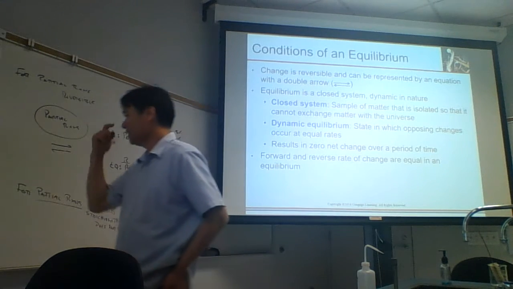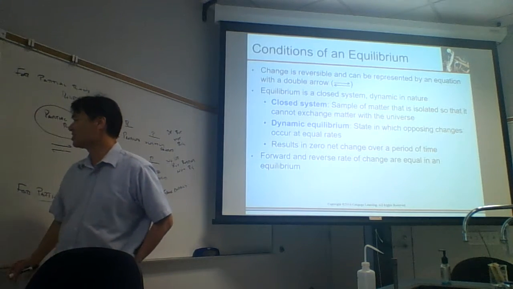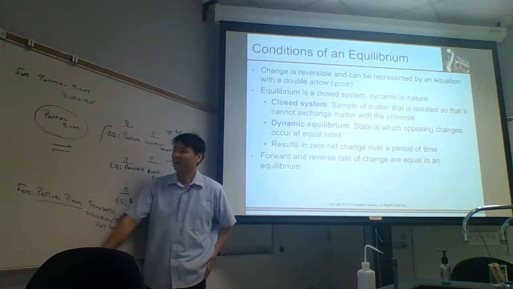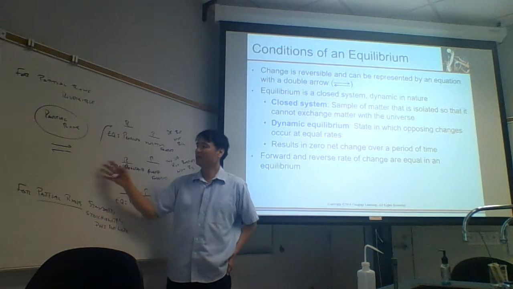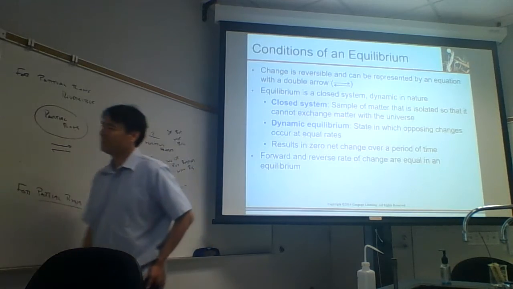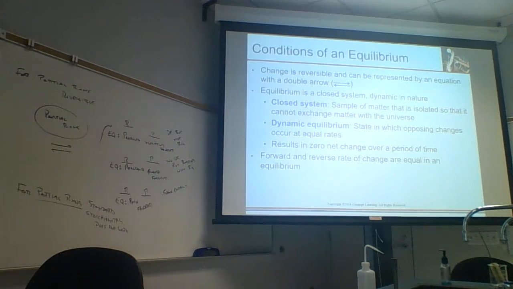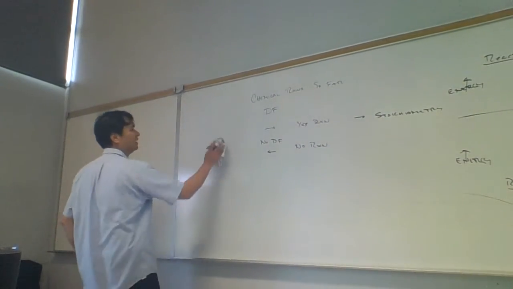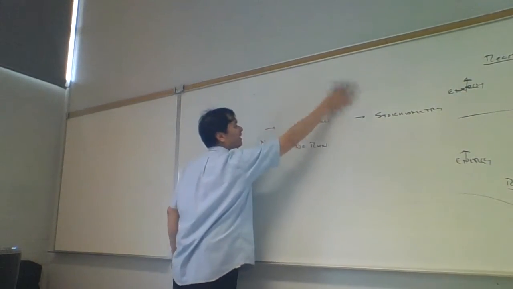What can happen in these equilibria is that you can start removing stuff. So we don't want to add things and we don't want to remove things because that can upset the equilibrium. This is one way of thinking about equilibrium that I use, the water bath or water tank analogy.